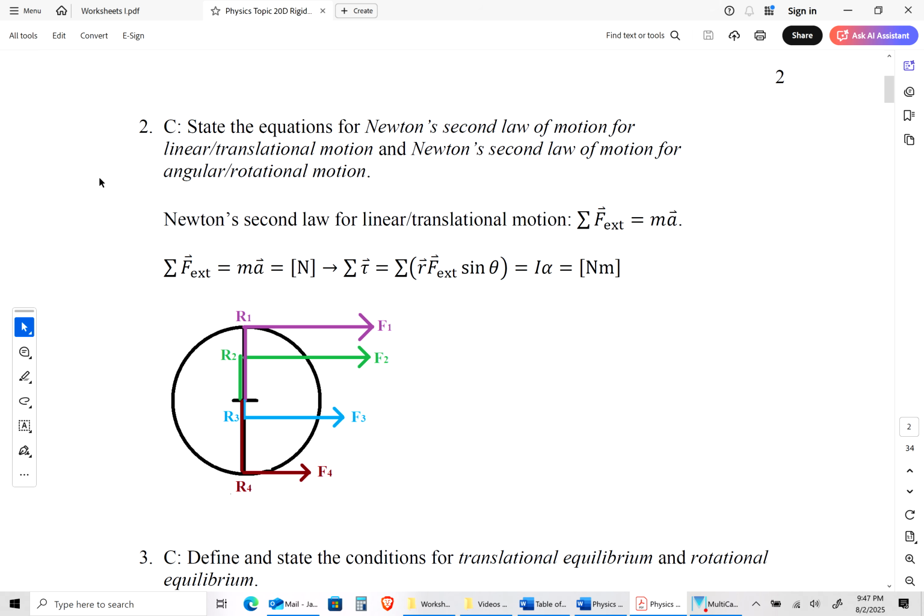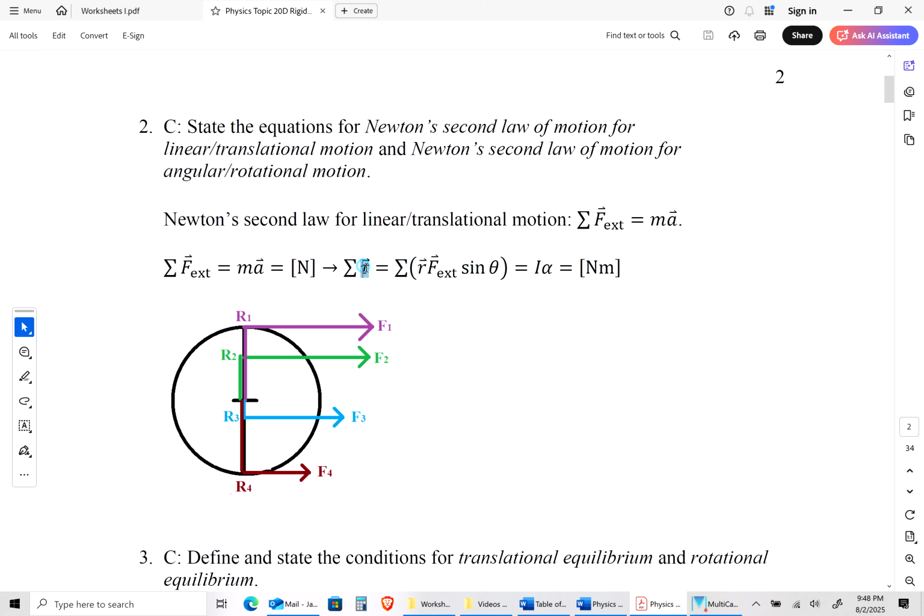Question 2, state the equations for Newton's second law of motion for linear or translational motion, and Newton's second law of motion for angular or rotational motion. So what we learned earlier is for linear or translational motion, sigma F equals ma. For circular motion or angular motion, we have sigma torque equals I alpha.